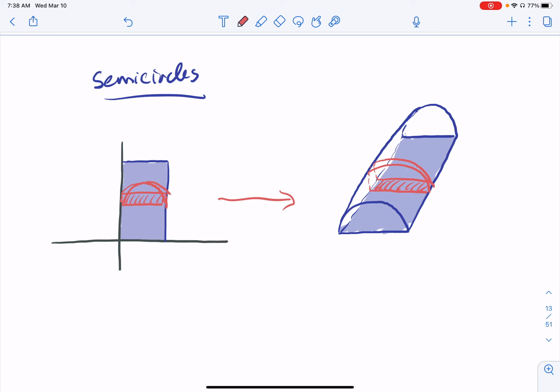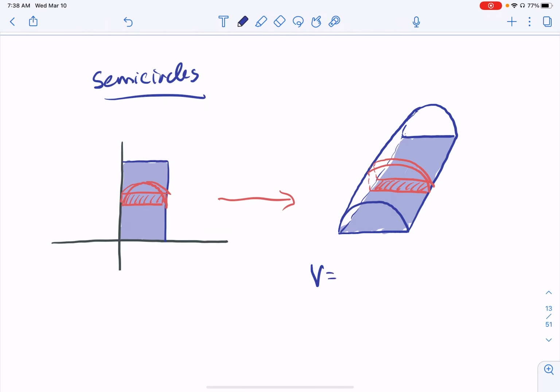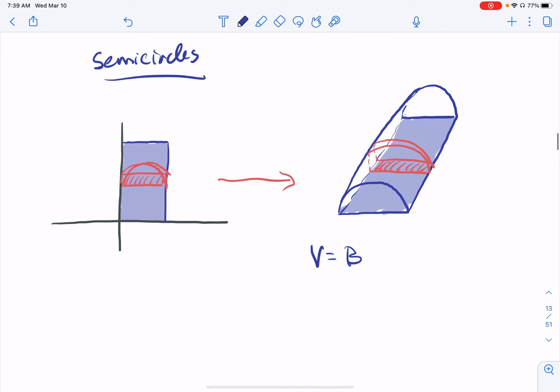Okay, how do I find the volume of this thing? If it was a cylinder, you'd take the area of the cylindrical base and multiply that times the height. It works the same exact way with these cross sections, which are semicircles. You find the area of this semicircular base, which we'll call B, multiplied times height.